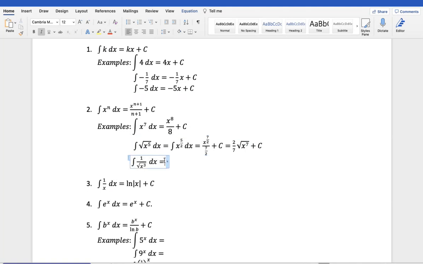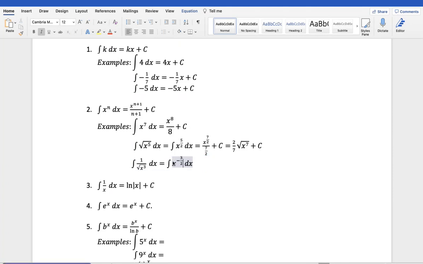right? The next one, we have the integral of 1 over the square root of x to the 3, or x cubed. That will just also be simplified as x to the -3 over 2, right? So that is the same thing.